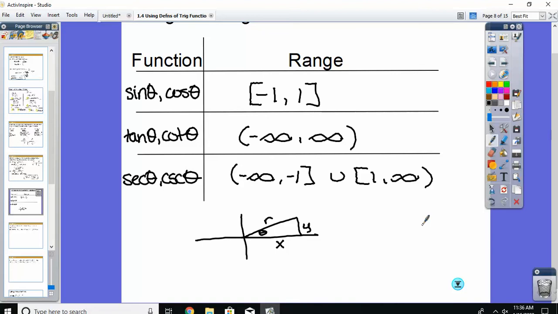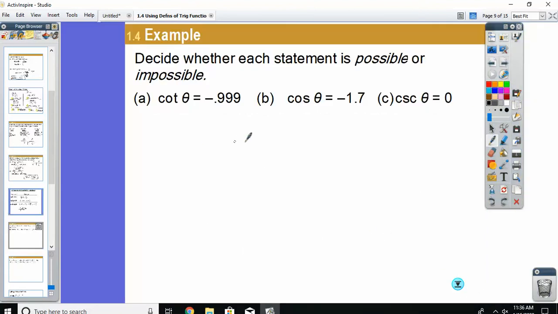So, using this information, I'm going to put a few problems up here, and I want you to decide if these are possible or not. So you know what kinds of values sine and cosine and so forth can equal. So would it be possible for each of these trig functions to happen? So can cotangent equal -0.999?